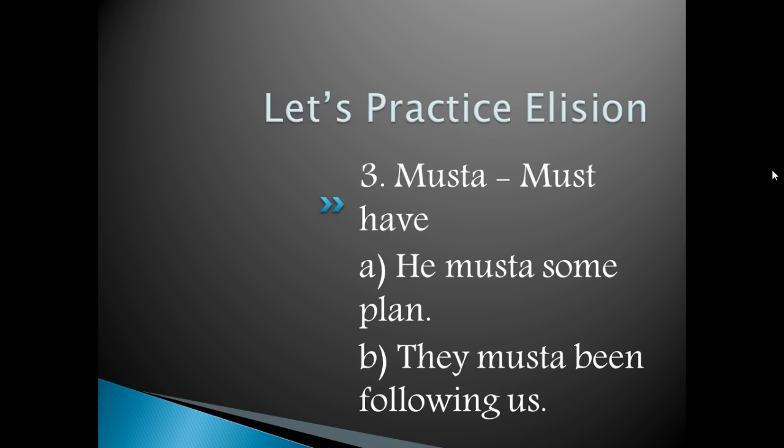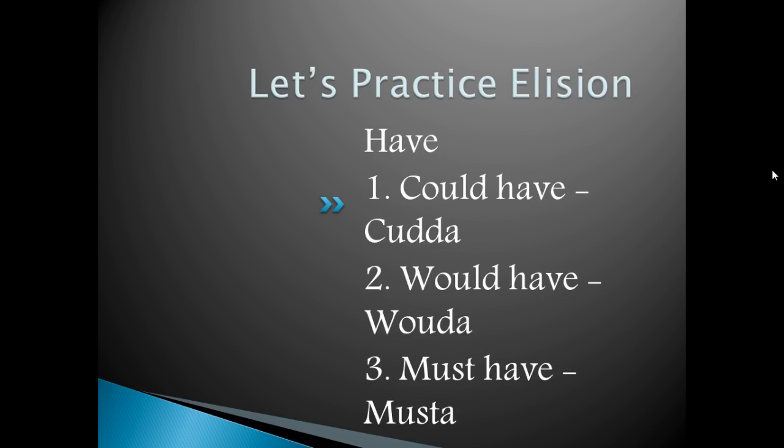Must have been. So this is the way they are contracting must have as must. Okay. Now let's sum up this have. Could have becomes coulda. Would have becomes woulda. Must have becomes musta. Coulda, woulda, musta.